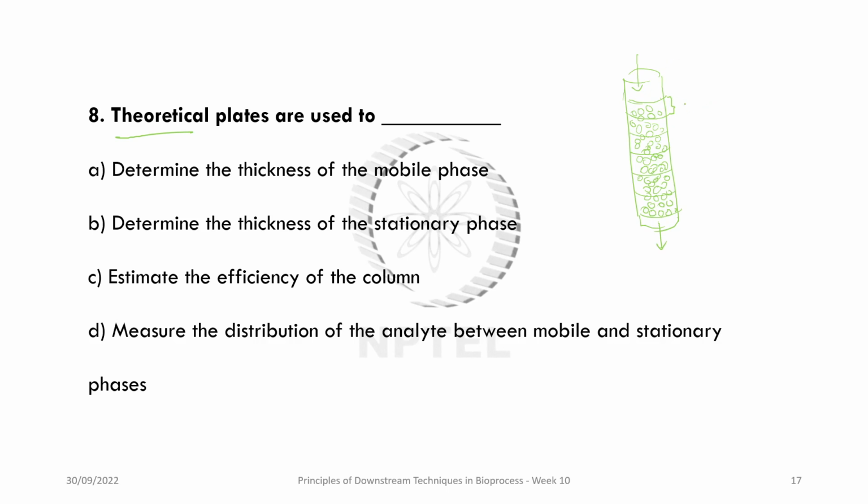So if each of these were a stage of chromatography, some separation, some concentration is happening here, some retention of certain solutes, while you're allowing certain solutes to pass through. So you're creating some time gap between different components in a mixture.